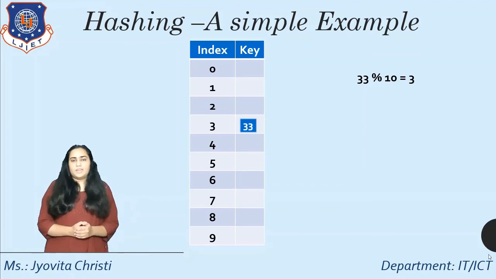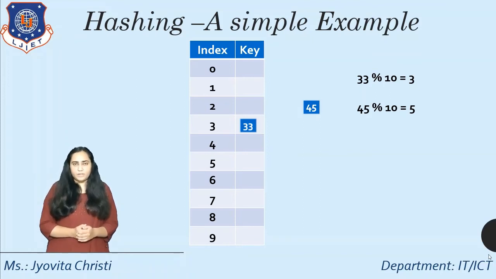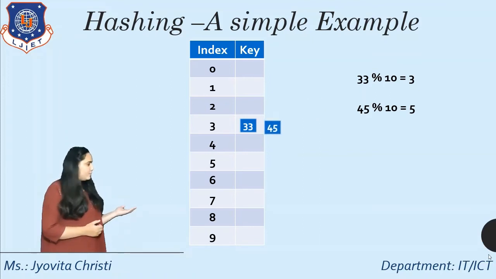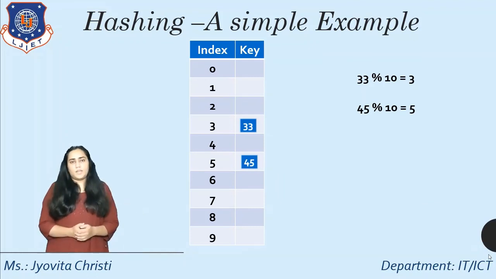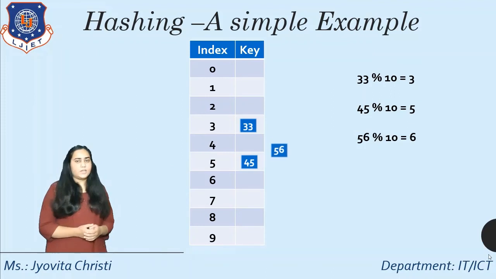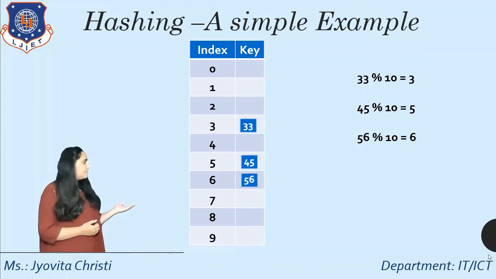Okay, the next key that I'm going to insert is 45. So 45 modulo 10 gives me 5, which means I'm going to put 45 in position 5. The next key I'm going to insert is 56. 56 modulo 10 gives me 6. So I'm going to put 56 in position 6 right here.